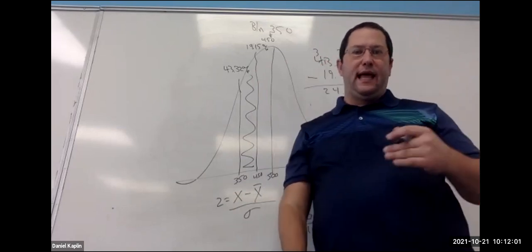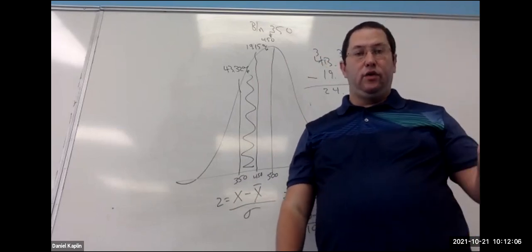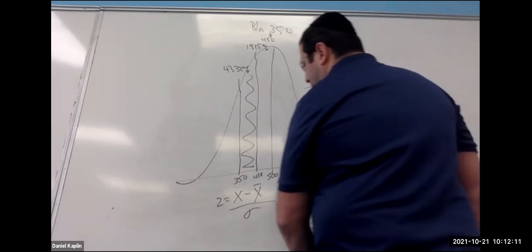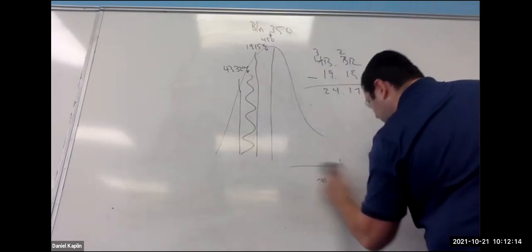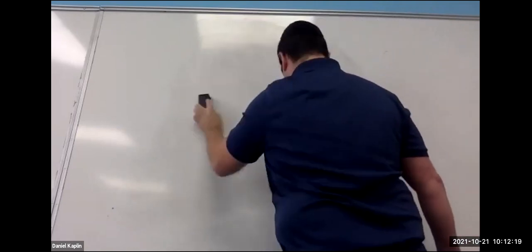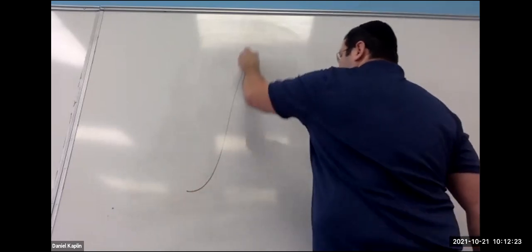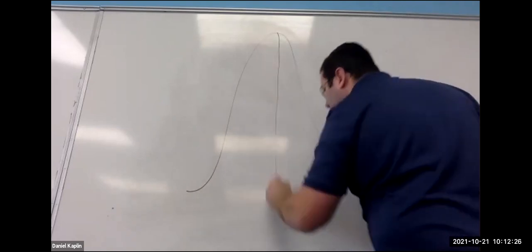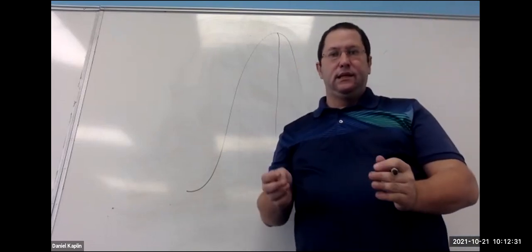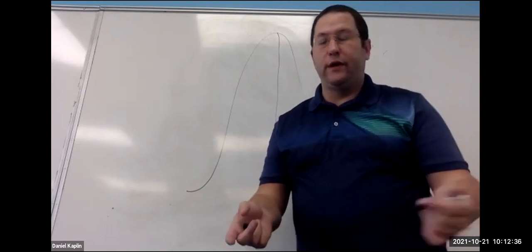Now, if we use the language of above or below, I would say it's important to shade your distribution to see if you're going to add or subtract. I'll show you what I mean. If I were to ask what percent of the cases get a SAT score above 433?